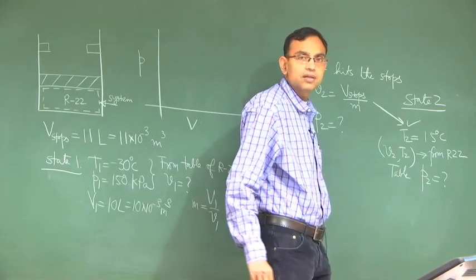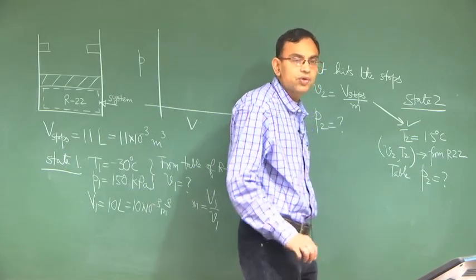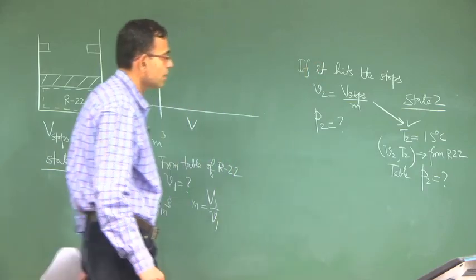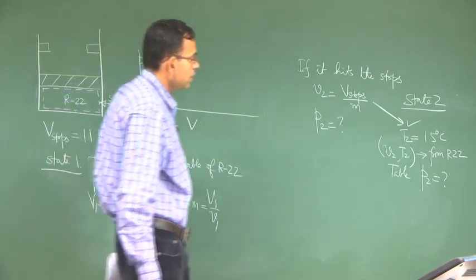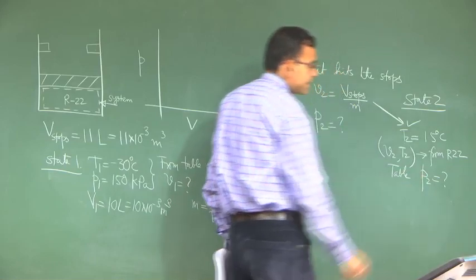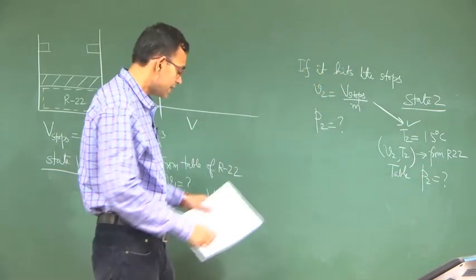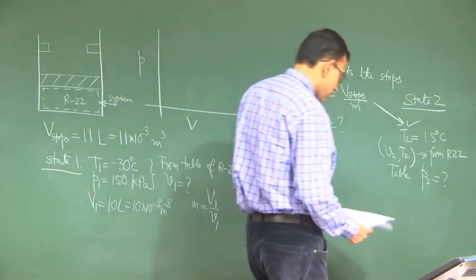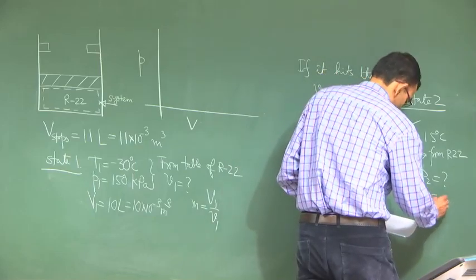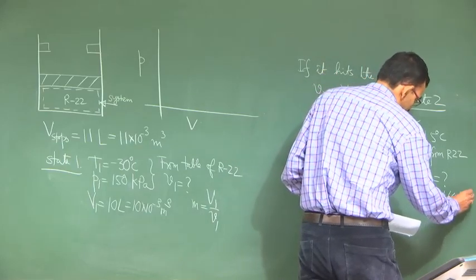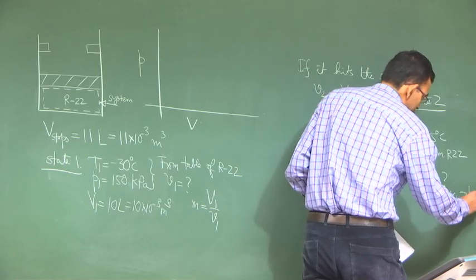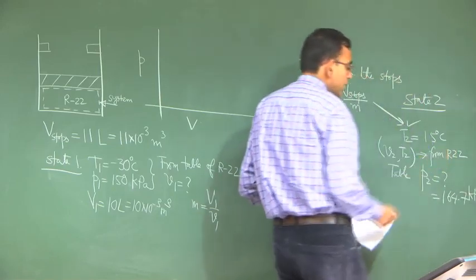Once you have got P2, what do you do with it? Let us say that we have got P2 as 164.7 kilopascal. This is what you will actually get if you look into the table.